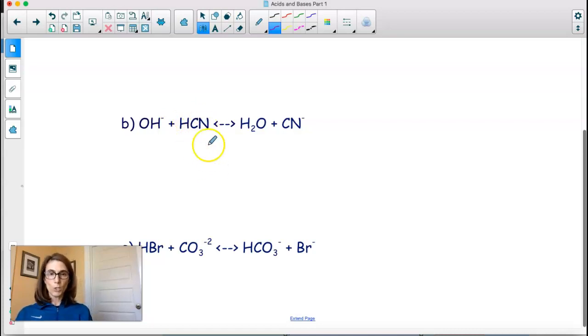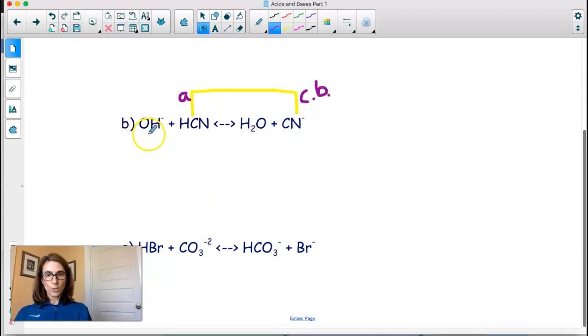And let's just make sure that we see that happening. So HCN goes from HCN to CN minus. All right, so it did in fact give up a proton. So to go from HCN to CN minus, it donated a proton. So that makes HCN our acid and CN minus our conjugate base.